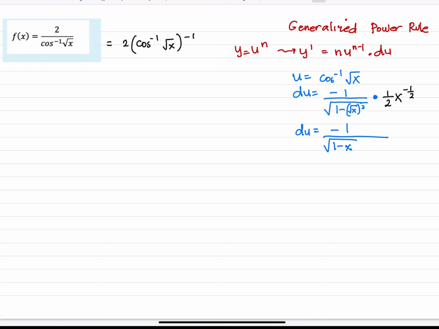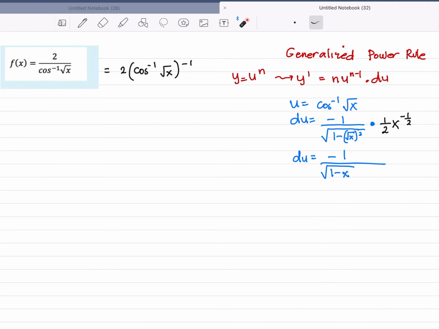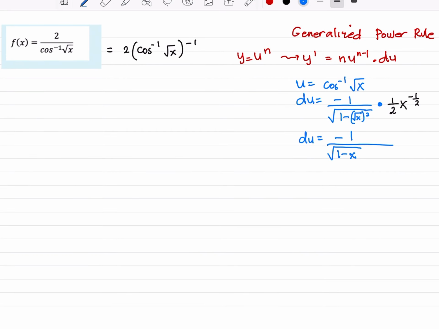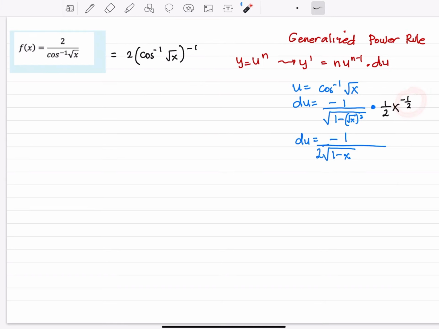What about this? Okay, we can bring this here. So instead of writing 2 right after the radical sign, I'll write 2 here. And x raised to negative 1/2 becomes over the square root of x.